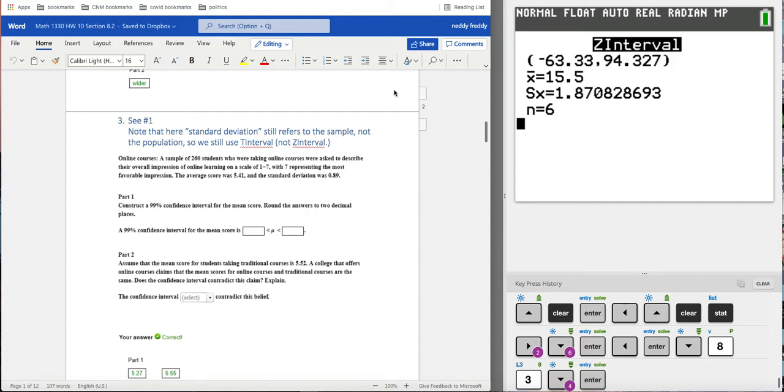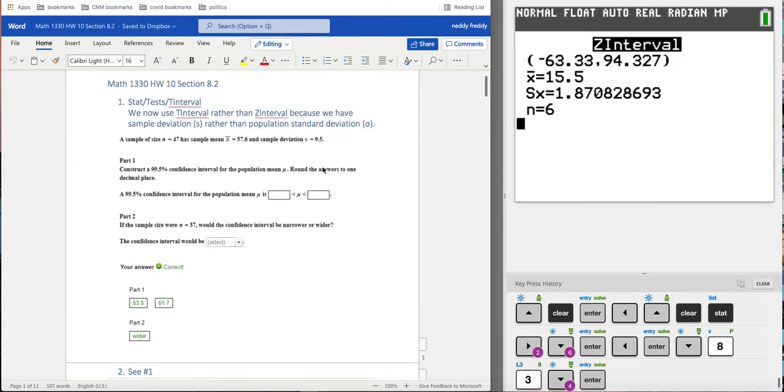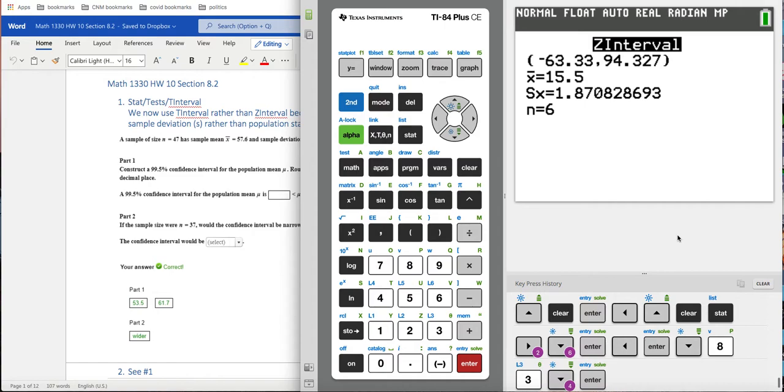So the easiest way to figure this out, if their tests and their quizzes are in Connect, is to look at that same place in the upper right hand corner as they would find it in their homework and look to see if this problem comes from 8.1, then they're always going to use z interval. If it comes from 8.2, they're always going to use t interval. So that, if they're fortunate enough to have that option, is the easy way to do that.